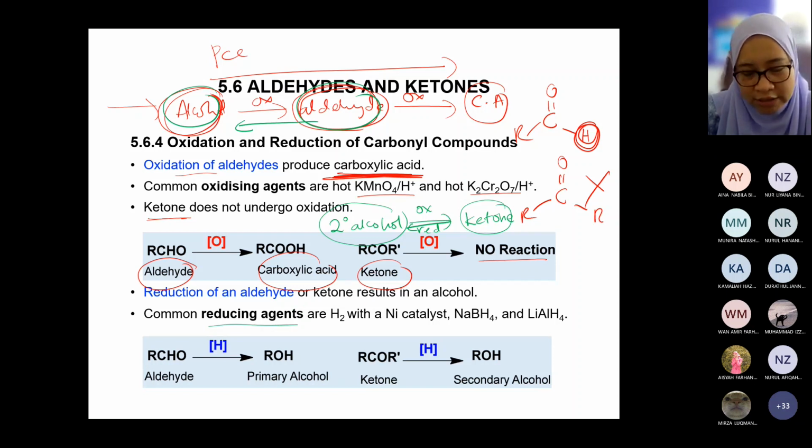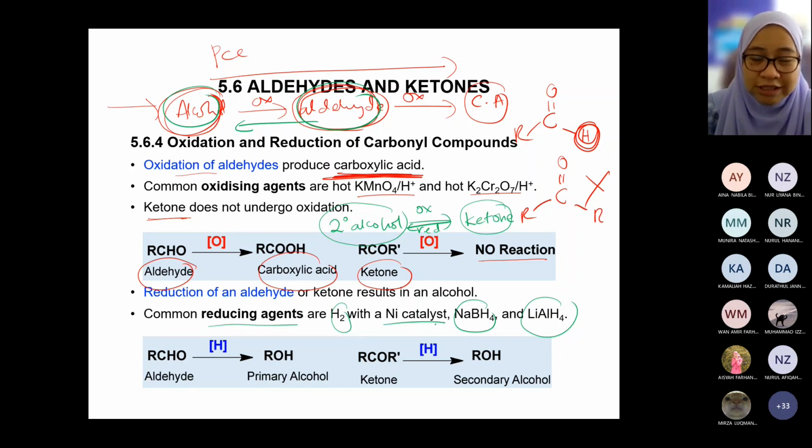Oxidize, reduce. Okay, so what are the reducing agent that can be used to reduce the carbonyl compound? NaBH4 yang saya beritahu semalam, sodium borohydride and also lithium aluminium hydride. So these are very strong reducing agent. Or alternatively, you can use hydrogen also. Maksudnya you include the hydrogen. But don't forget you have to add in the catalyst.